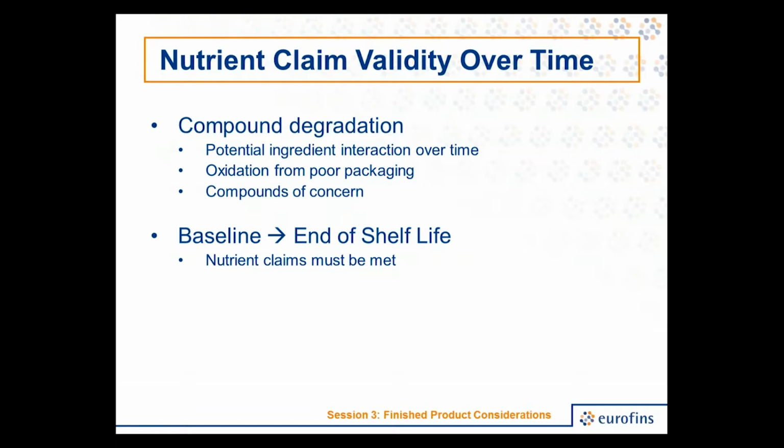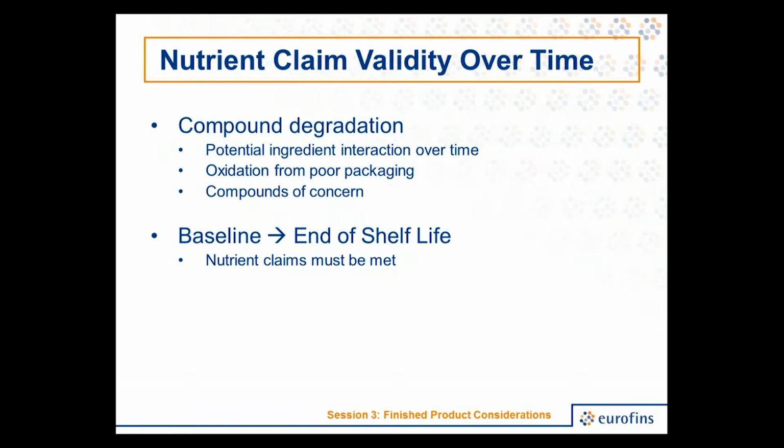You run the risk of oxidation from packaging. So if you're partaking in a packaging switch or formulations change, your overall shelf life of your product could be impacted. And not only that, but the storage conditions of the consumer should be considered in these situations as well.